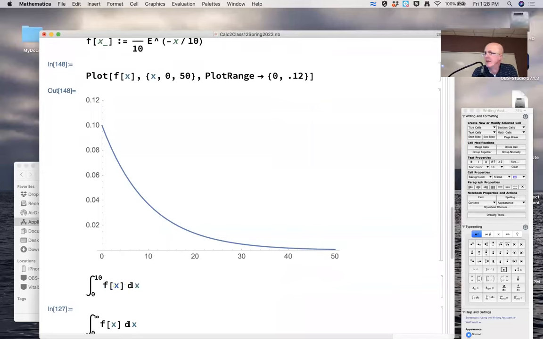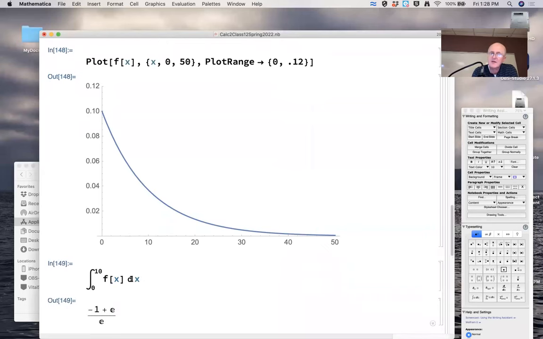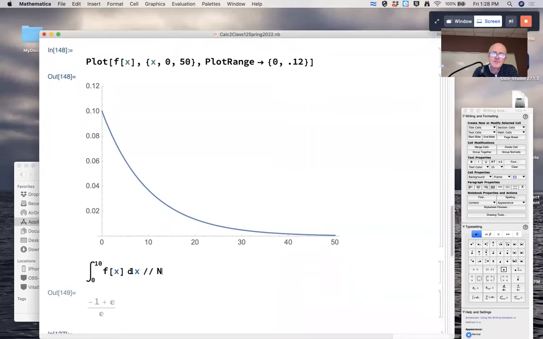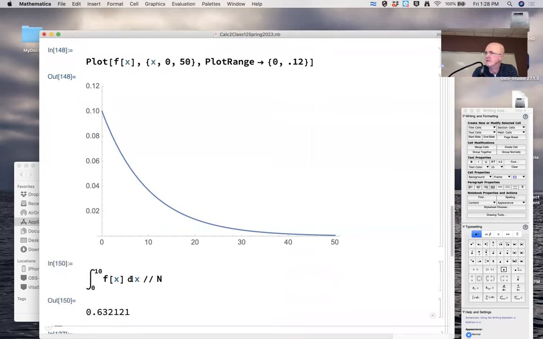Integrate the probability density function to find out. In exact form, it's going to involve E. What is it in approximate form? It's about 0.63, about a 63.2% chance that the light bulb is going to last between 0 and 10.